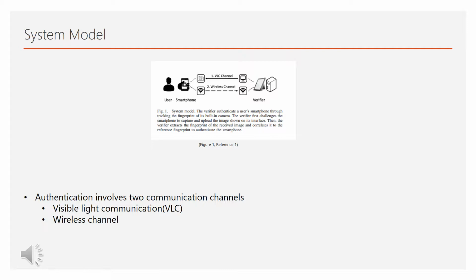They will then upload the pictures to the verifier, and the verifier will check the QR codes for the correct fingerprint and data inside the QR code. We will go more in depth into this further in the presentation.